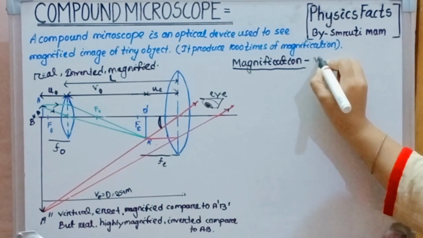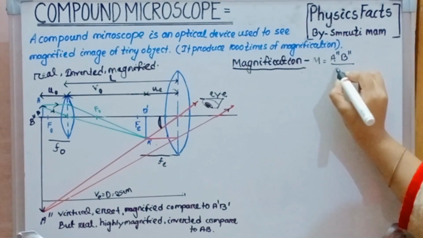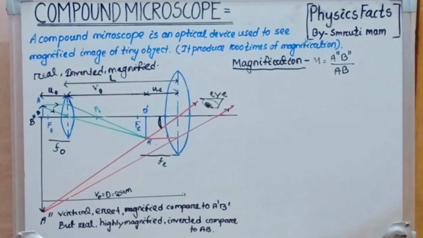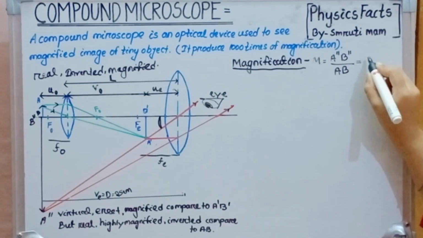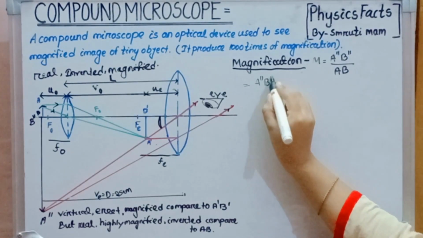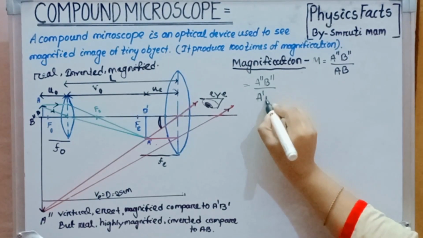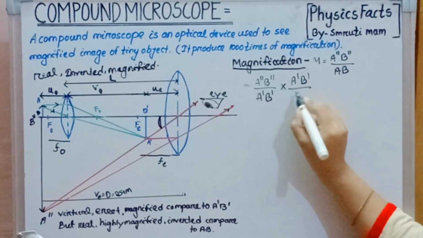M equals to A double prime B double prime divided by AB, multiplying A prime B prime and dividing A prime B prime. That means A double prime B double prime divided by A prime B prime into A prime B prime by AB.